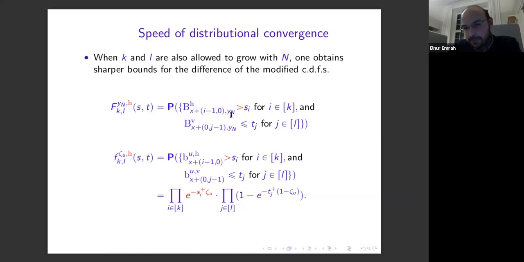I will just flip, for example, the inequalities here for the horizontal increments.